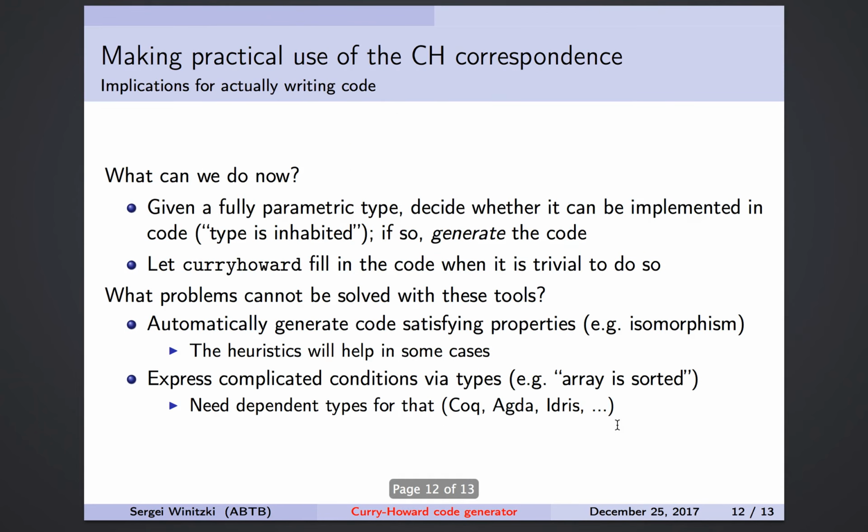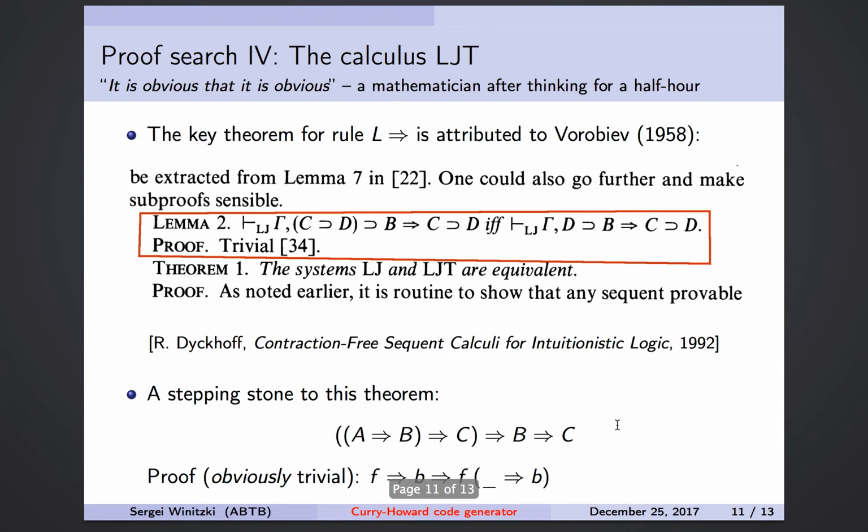All right, so I just wanted to say, in the Curry-Howard library, I'm implementing this calculus, the LJT. I'm not using the LJ because I don't want to deal with the loop detection, and the calculus LJT is more efficient, and that's what's implemented.